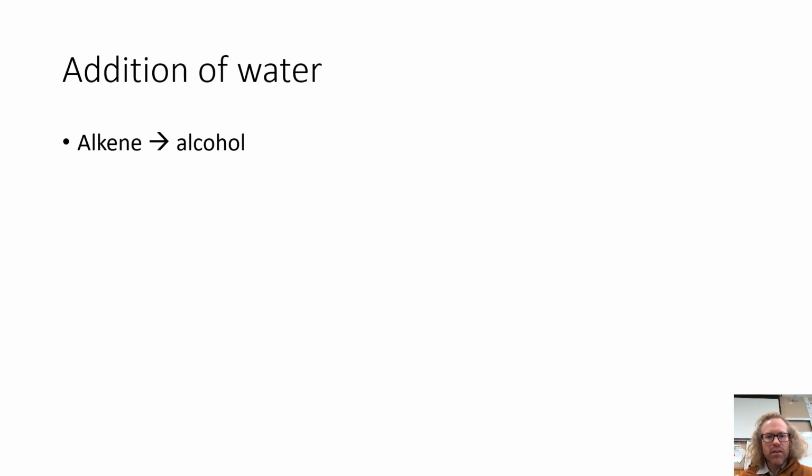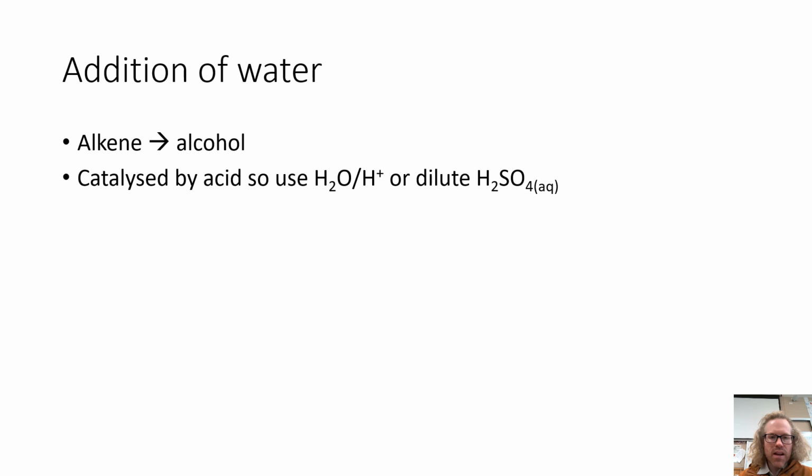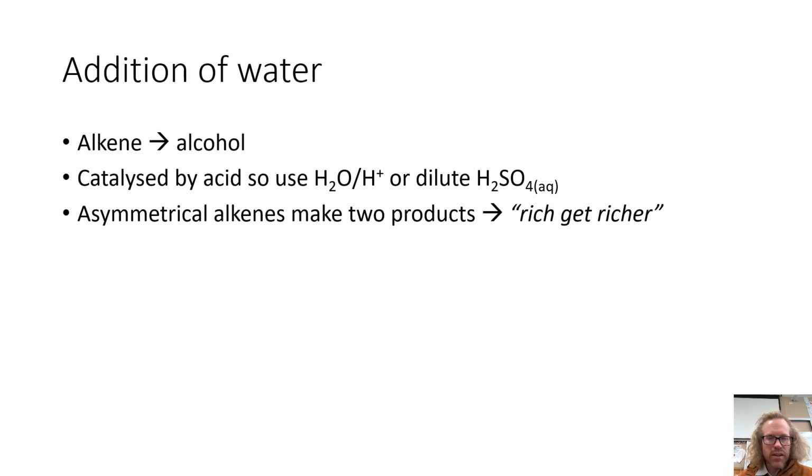Addition of water results in the formation of an alcohol, and we can do that with catalyzing of acid. So H2O/H+ is often given as its reagent, or dilute H2SO4 in aqueous solution. Again, if the alkene is asymmetrical, you get two products where the rich get richer for the major.